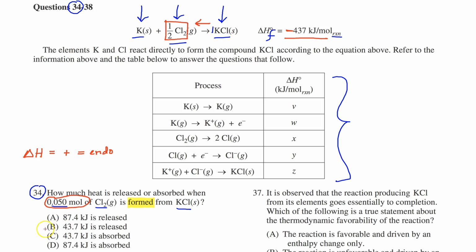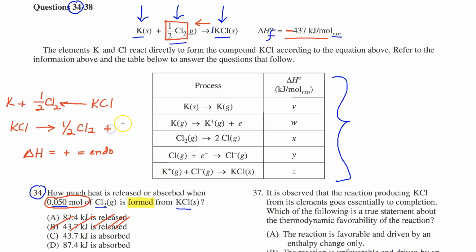or absorbed. So A and B get thrown out because we're dealing with the reaction of KCl going in reverse to form chlorine gas. I'm writing the same coefficient, so it's important to realize we're going in reverse. Certainly I could write it KCl this way if it makes you feel better, but it does not matter here.